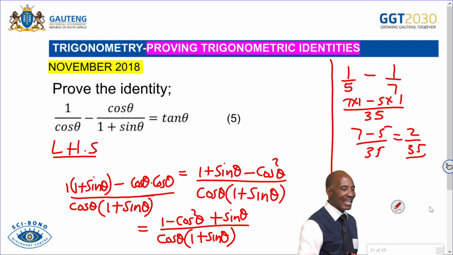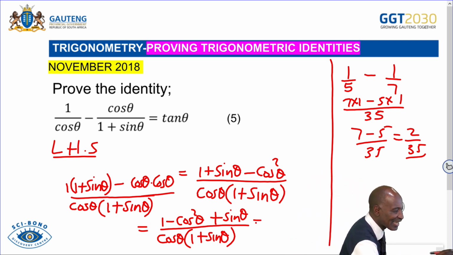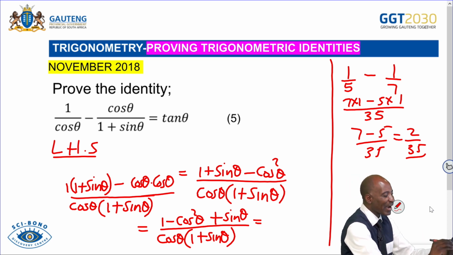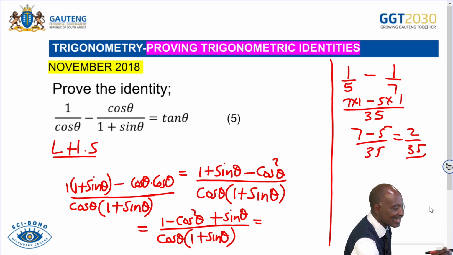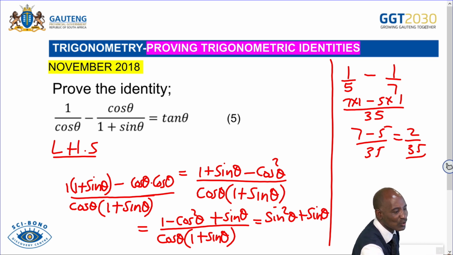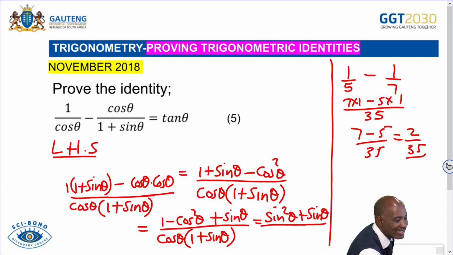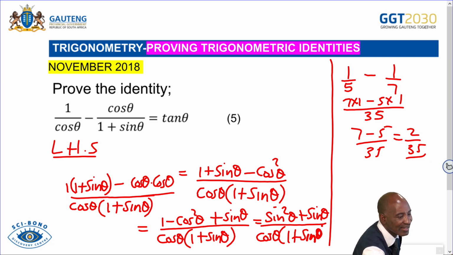When you get to this level, it looks like you are a bit stuck, but let's proceed. Don't forget 1 minus cos squared theta is the same as sine squared theta, plus sine theta. Those are not like terms because the other one is squared. You can't add the two. Divided by cos of theta times 1 plus sine of theta.